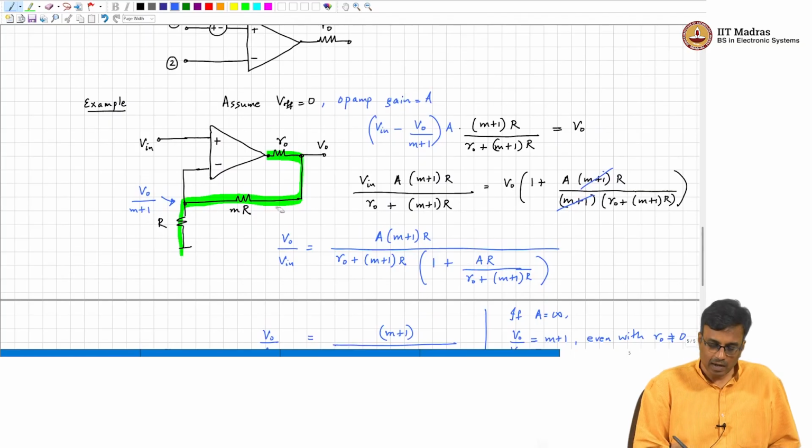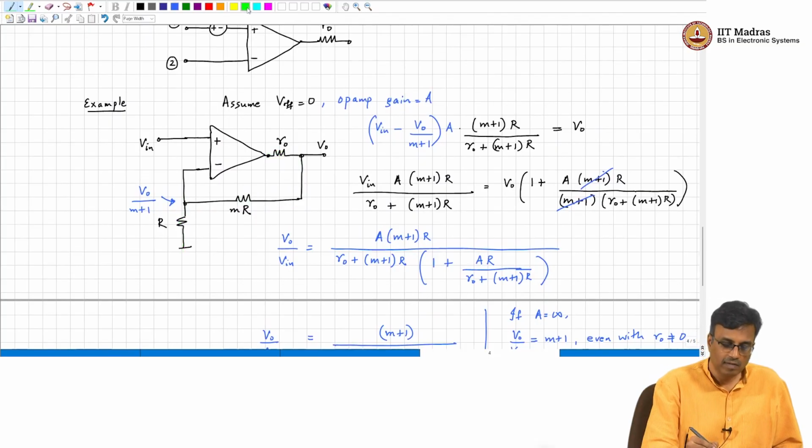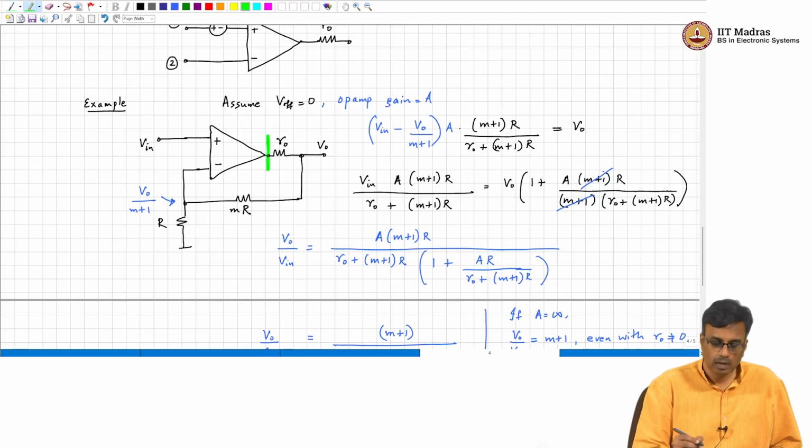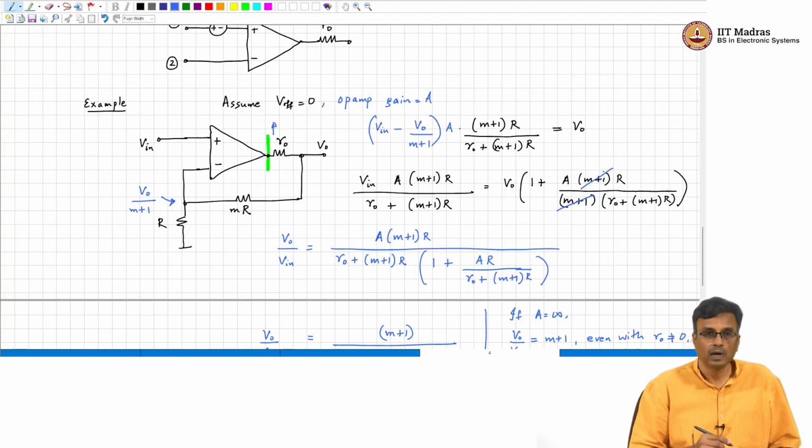And basically it is like we broke the loop here, yanked this side up and saw what came back. What if this goes up by some delta V, if that is delta V, what is that voltage?